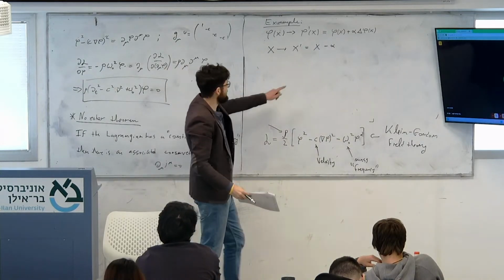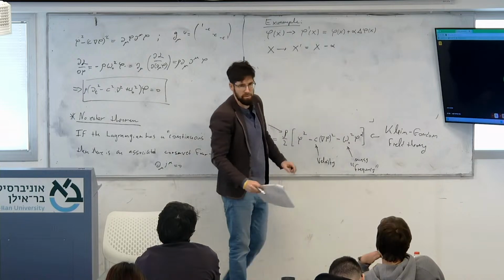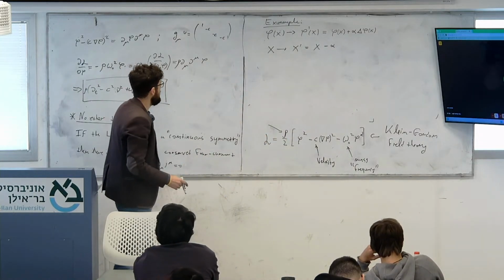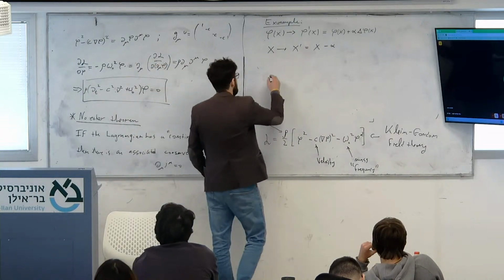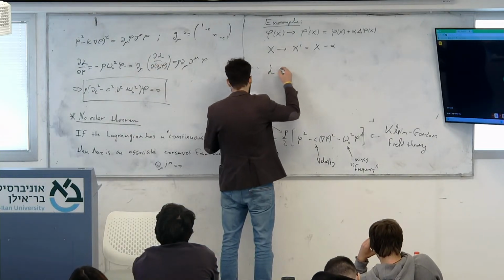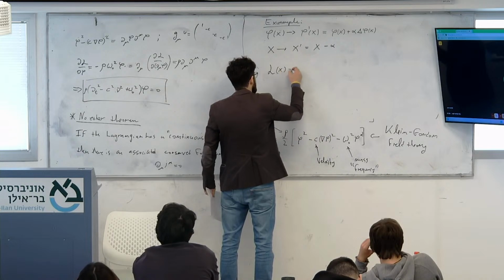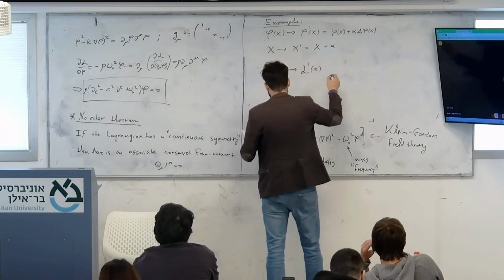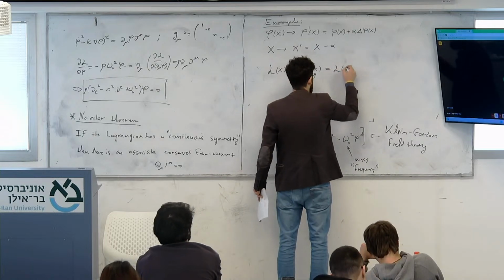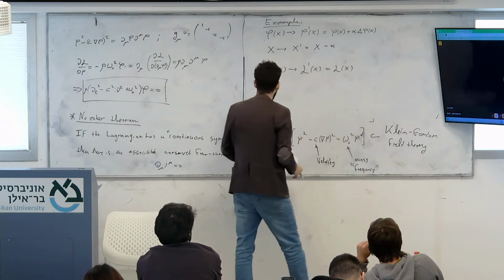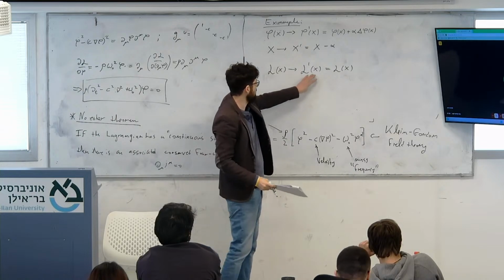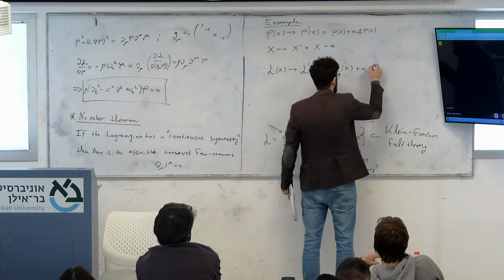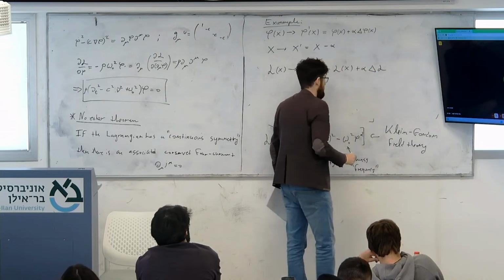And the point is that this alpha here is going to be small. So I want to assume that it's a small variation. Okay? Under this transformation, we expect the Lagrangian density to go to some Lagrangian density plus some alpha delta L.